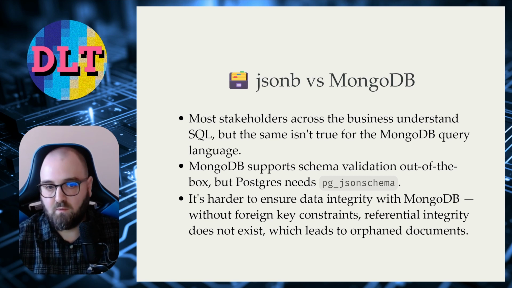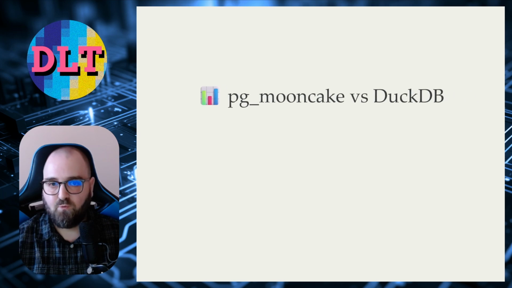So this is something that you can ensure by using Postgres very easily. And I've seen a trend of data teams switching from MongoDB to Postgres or relational solutions because of stuff like this, really.